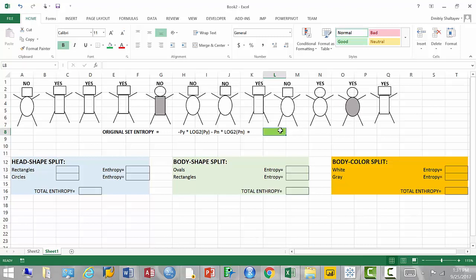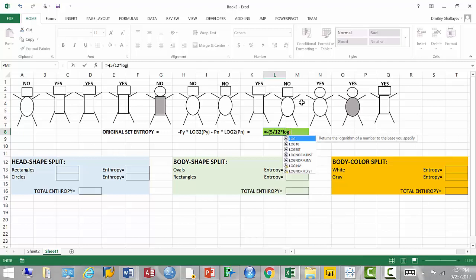But let me go ahead and do the formula right here. So I'm going to say equals to, what do I have to do? Minus, and inside the brackets, what's the proportion of no's? It's 5 out of 12. So 5 out of 12 multiplied by log of 5 out of 12 base 2.